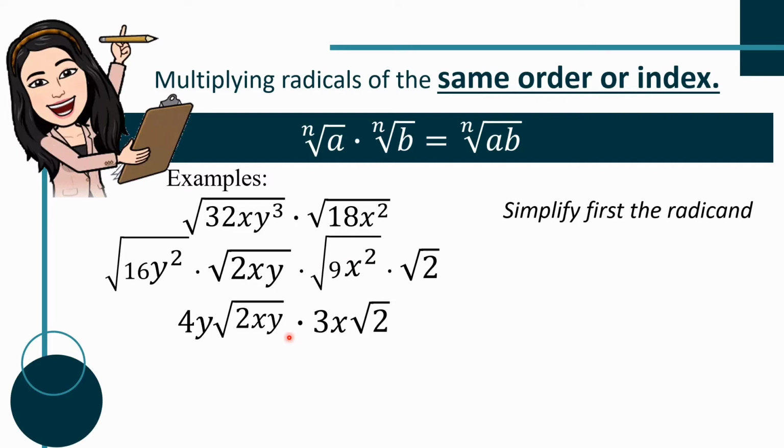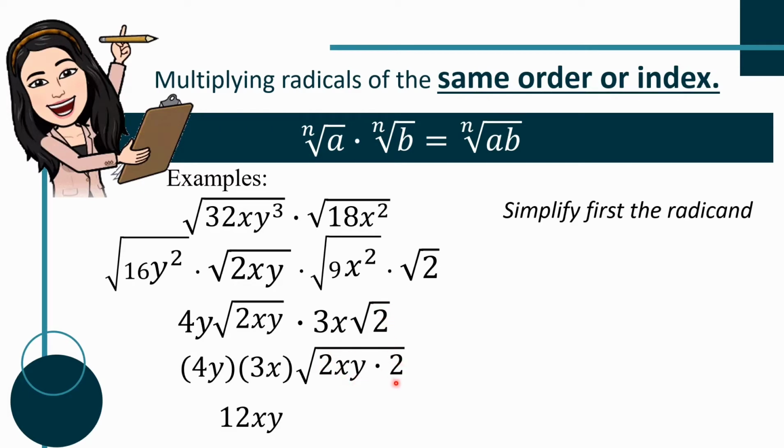So, therefore, let us perform the rule in which we multiply the coefficients and multiply the radicals. For the coefficients, we multiply 4y times 3x. Where does that come from? These are the coefficients, 4y and 3x. Got it? And then, we also multiply the two radicals. So, we have the square root of 2xy and 2.